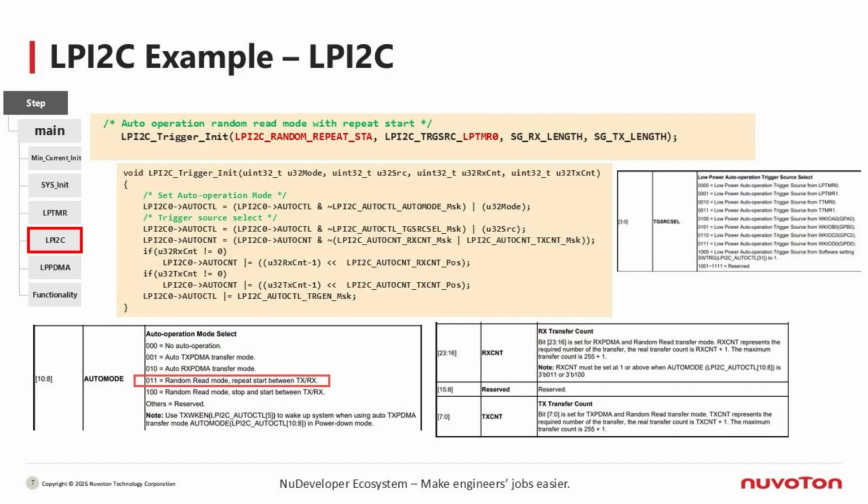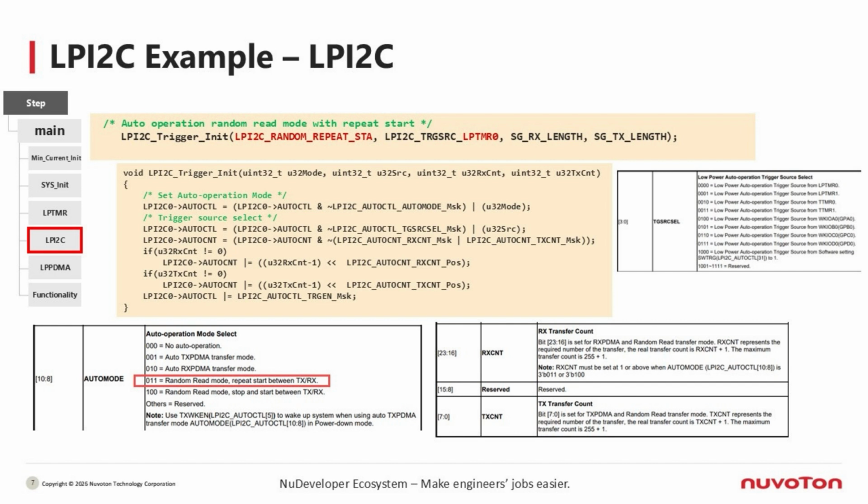In our previous Low Power I2C video, we mentioned that Low Power I2C has three operation modes: write command, read command, and random read command. Here we're using the random read mode, which is special because the master sends a command first and then reads, using a repeated start between the send and read commands. In the program, the Low Power I2C trigger init function is used to configure the behavior of Low Power I2C in auto operation mode.